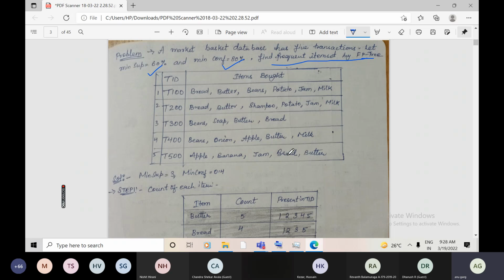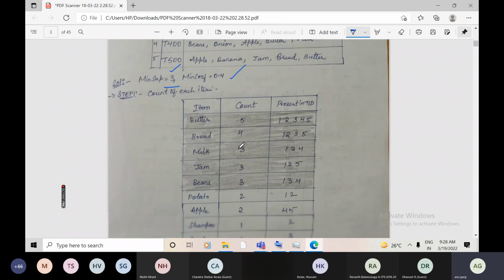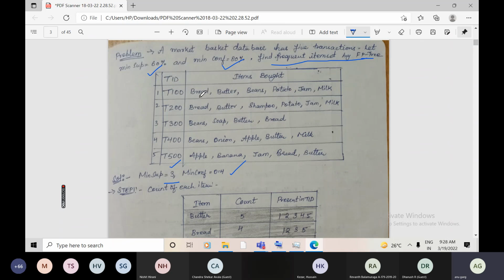Now all the steps from the above two problems, we will have to do in this problem. But first of all, convert your percentages into normal numbers. How do you do that? 60% of 5 will be 3, and 80% of 5 will be 0.4. Now find the count of each item.